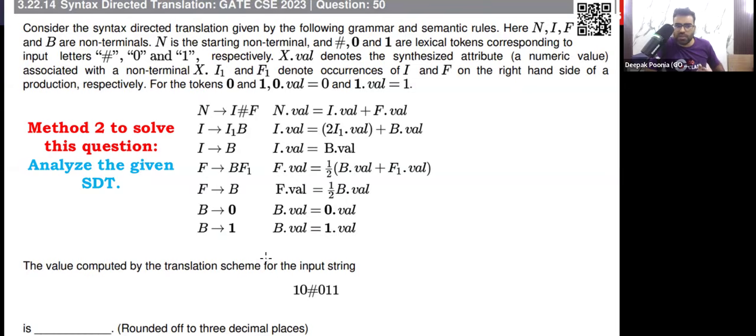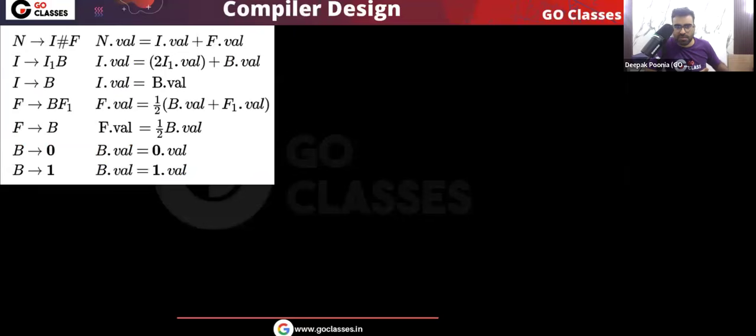Yes or no? So let's do the analysis of this SDT. In this SDT, there are few things you notice. First thing you observe is that B is going to either 0 or 1. Basically, the digits that we are using are either 0 or 1. Yes or no?